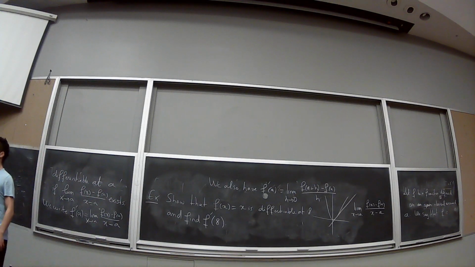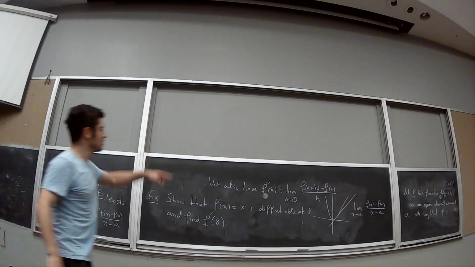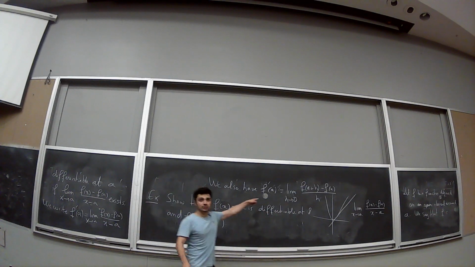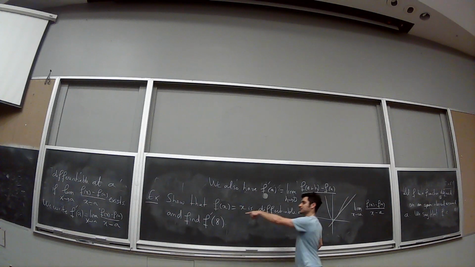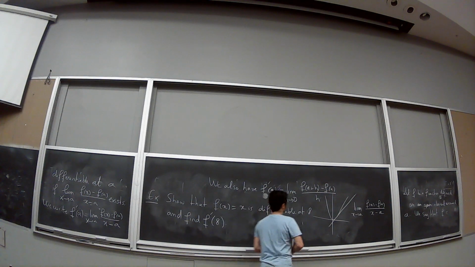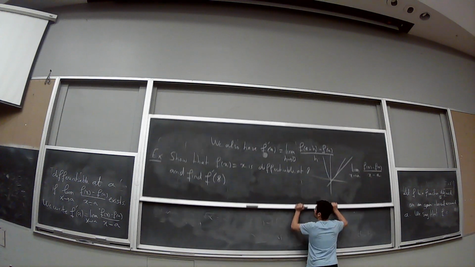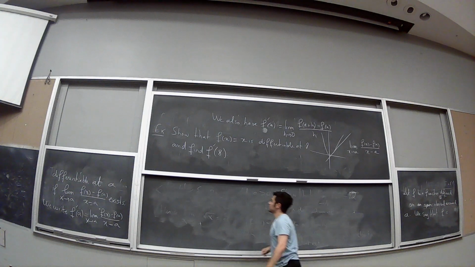How do you do that? You have to take the limit. Which one do you prefer? This one or this one? Let's do the left one. Great, let's do that.